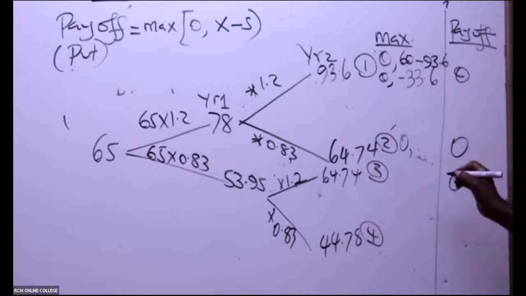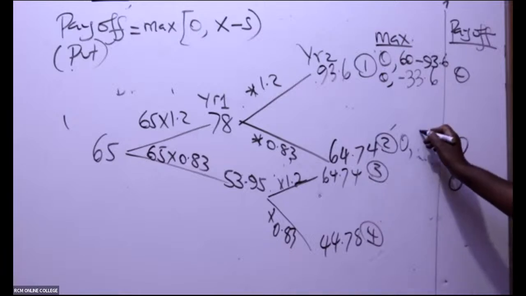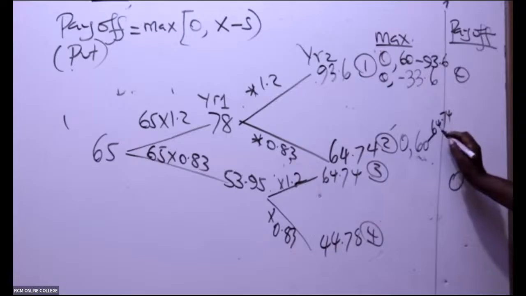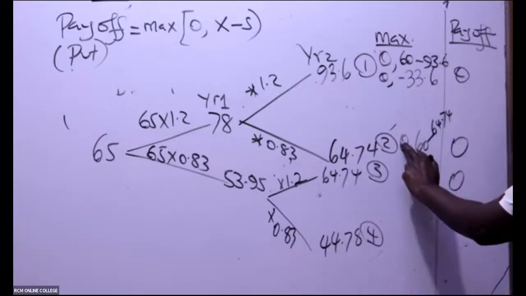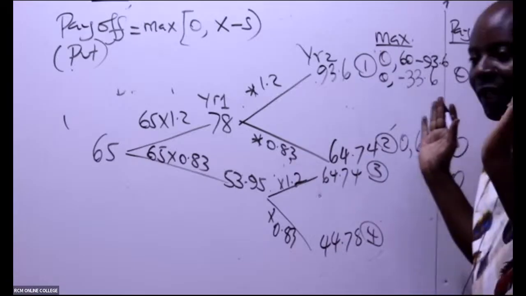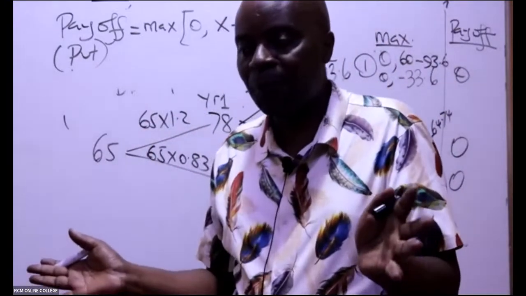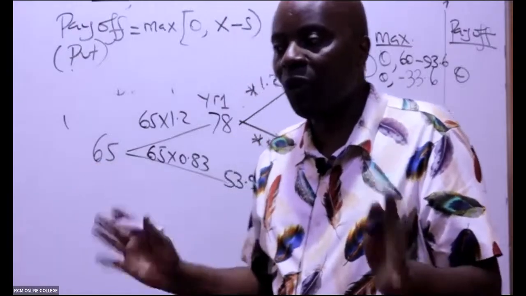So I'll talk of 0, and exercise is 60 minus this 64 point. As Evans is telling us, this one gives me a negative. So in that case, I'm going to choose 0 for my payoff. I would rather not get anything than make a loss. That is the concept of options.